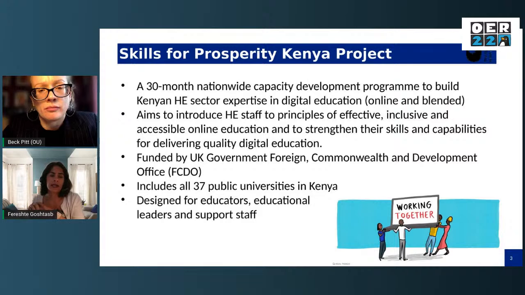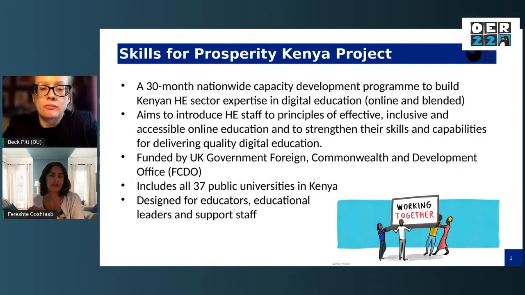And another thing about the scope of this project is that the government decided that just training educators is not enough. Everyone who is involved with education in any form, they can be support staff, they can be managers and educational leaders, they all need to be included to ensure that they provide a kind of seamless digital education.